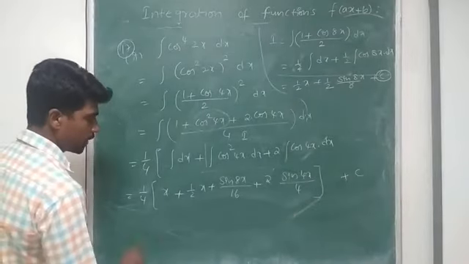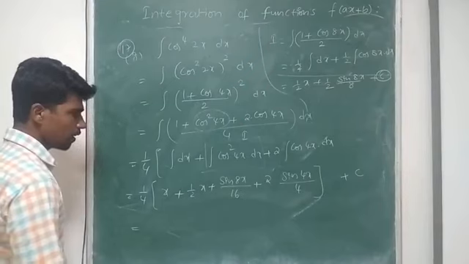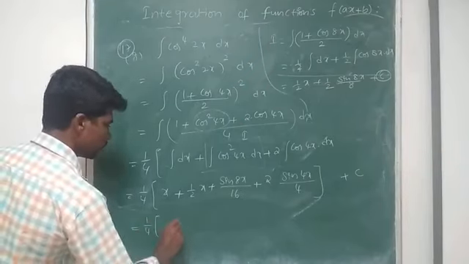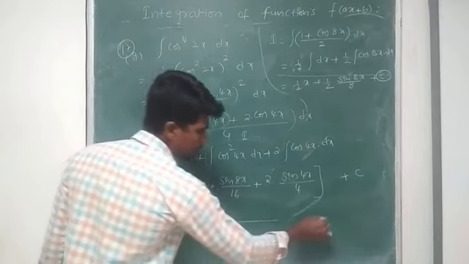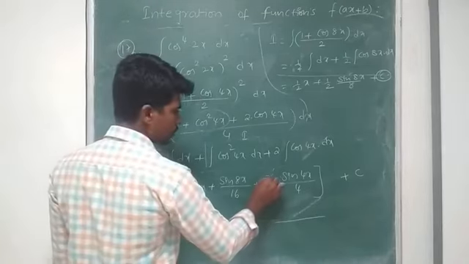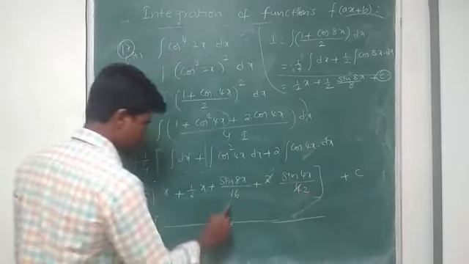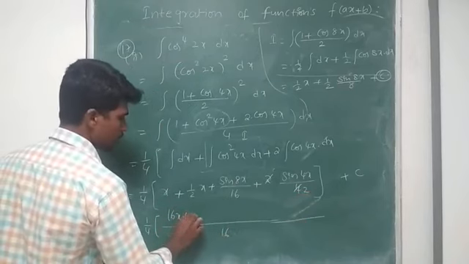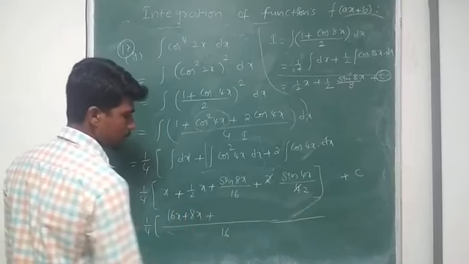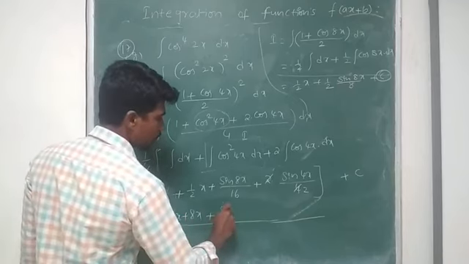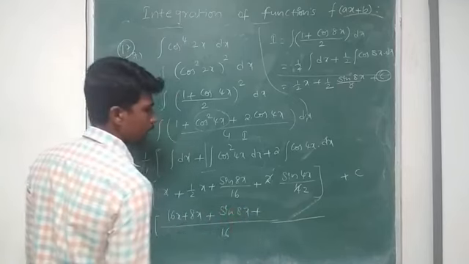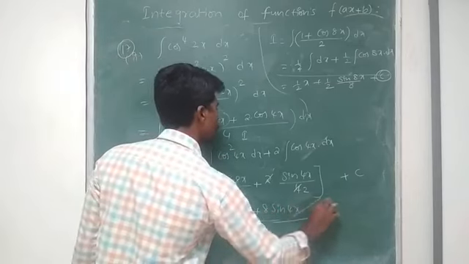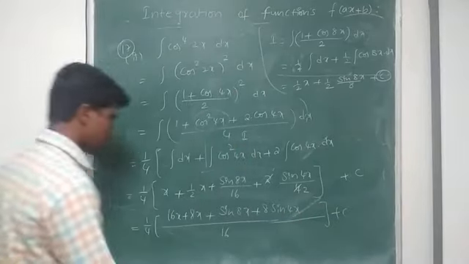Now I want to simplify this. 1 by 4 into, take LCM, what will be the LCM? 2 twice, so LCM is 16: 16x plus 8x plus sin 8x plus 8 sin 4x plus a constant c.